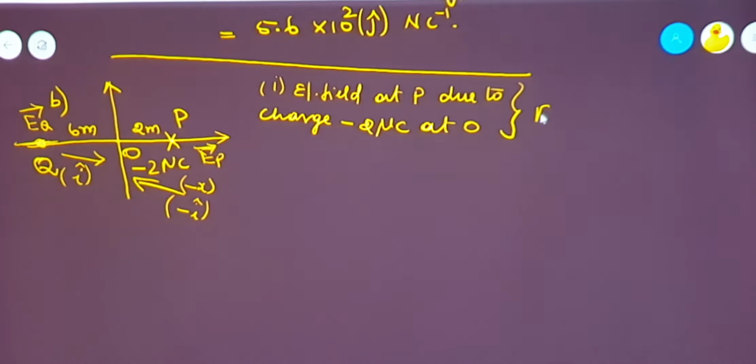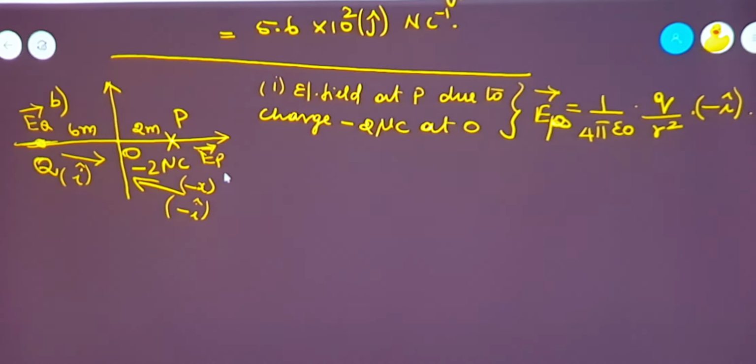What is this electrical field? Let us consider it as EP vector, which is equal to, come on, say the formula, 1 by 4 pi epsilon 0 Q divided by R square. The direction of the electrical field is towards the charge, or towards the origin, negative x-axis. So I am writing it as minus I cap. Now let us substitute here.